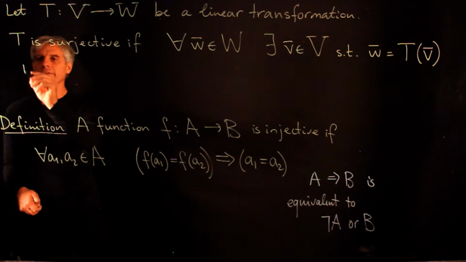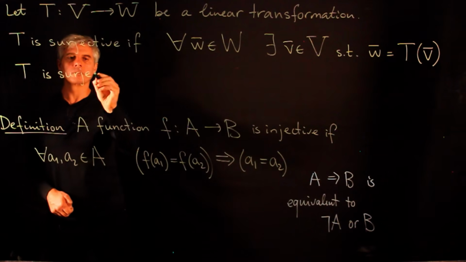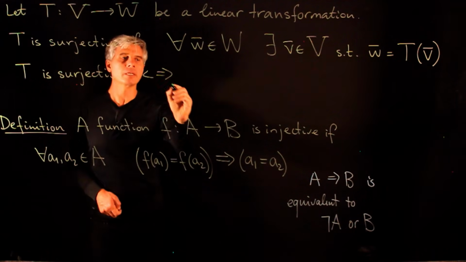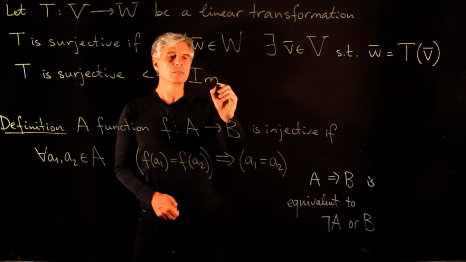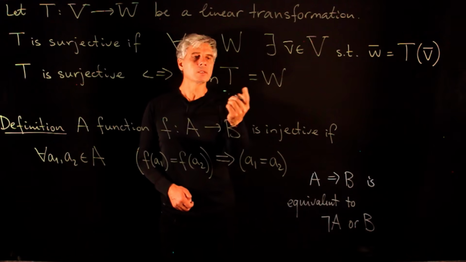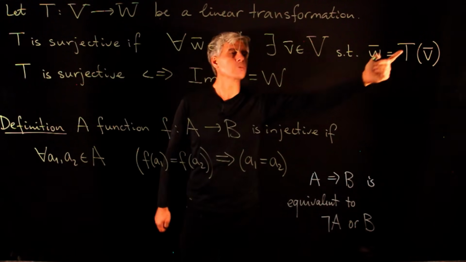But then we get the following fact. So T is surjective if and only if the image of T is equal to W. So indeed, the image of T consists of all possible images.